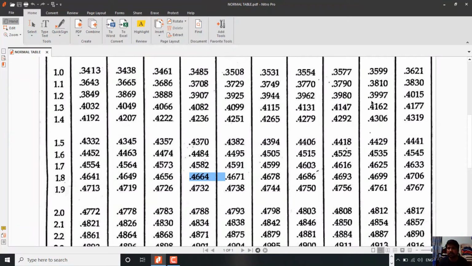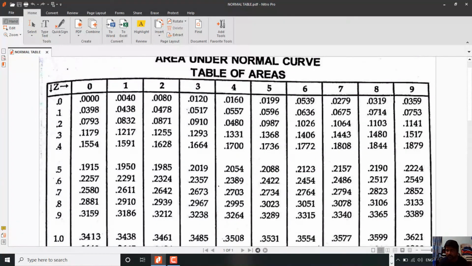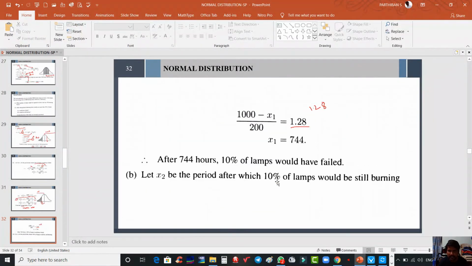The value 0.3997 is very near to 0.4. This ordinate refers to row 1.2 and column 8, so 1.28 is the required ordinate for this value. Cross multiplying and adjusting the terms, we get x1 equal to 744.